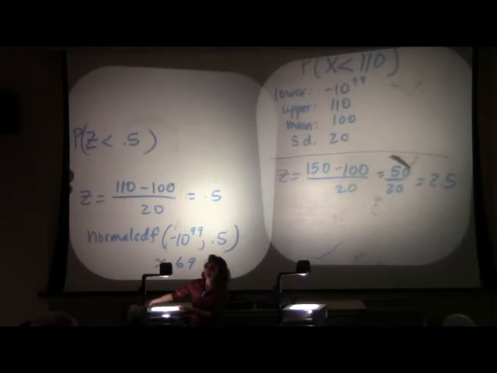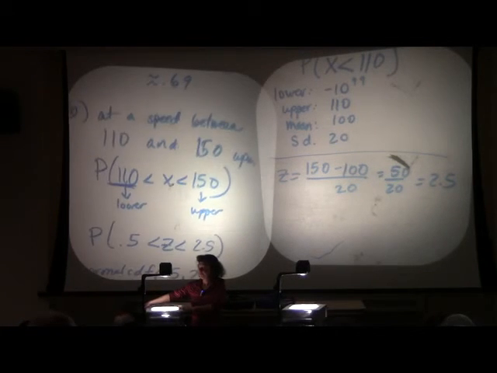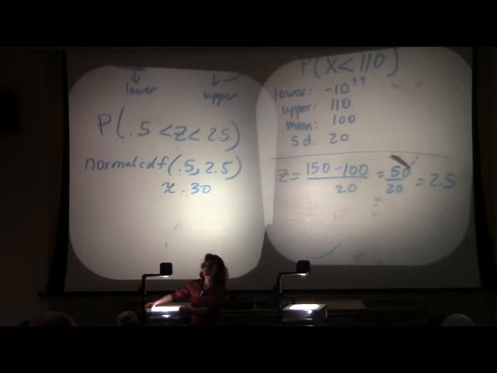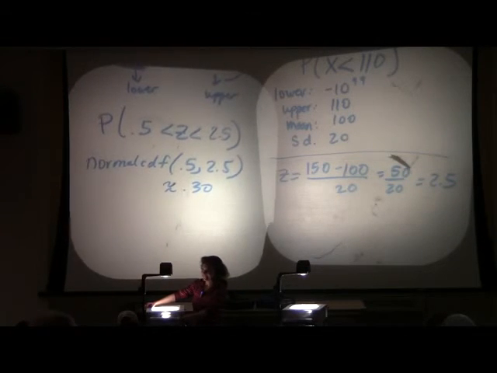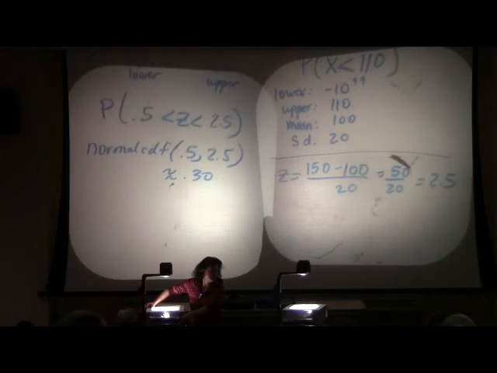A big hint is I tend to do that because I don't want to waste your time on a test computing tons and tons of z-scores. So when you have to find this, you have to find the mean first. Yes, you do. That's a great question, thank you. Are there other questions?